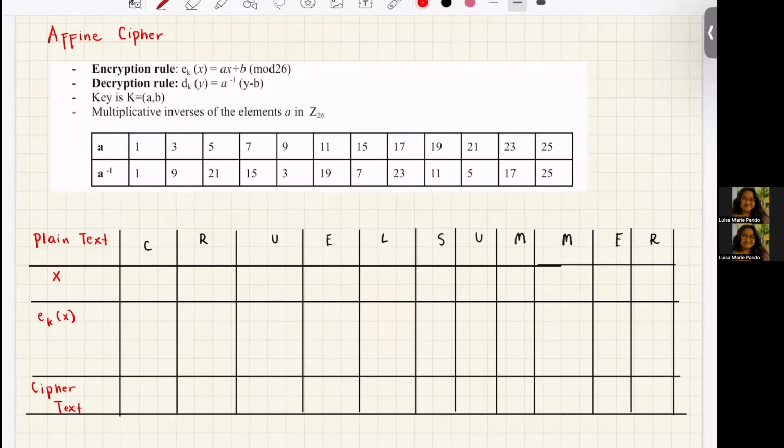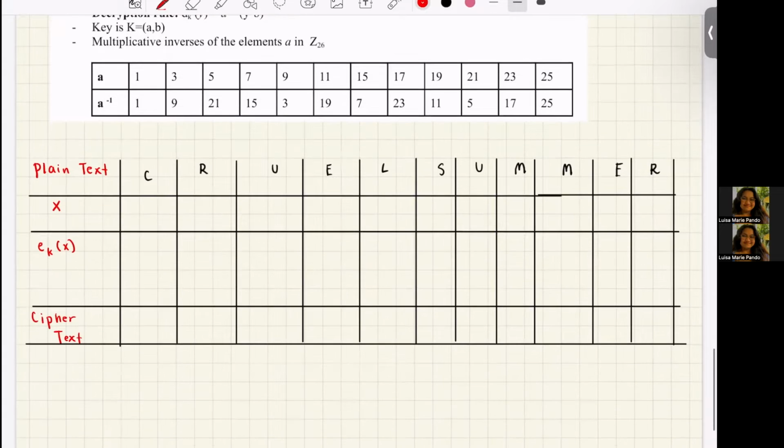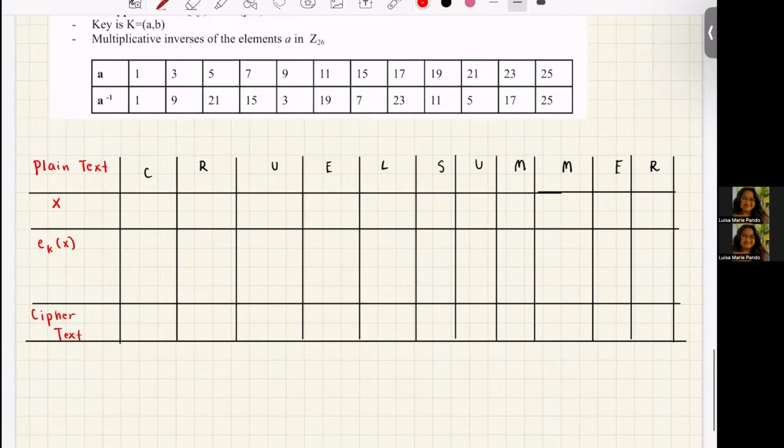So as I said earlier, the encryption rule for affine cipher is E sub k of x equals ax plus b modulo 26, and the decryption rule is y equals a raised to negative 1 times y minus b. So sabi dito for our example, encrypt the plain text cruel summer using an affine cipher with key k of 3 and 9, with encryption rule E sub k of x equals 3x plus 9.